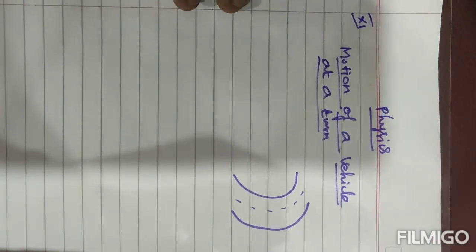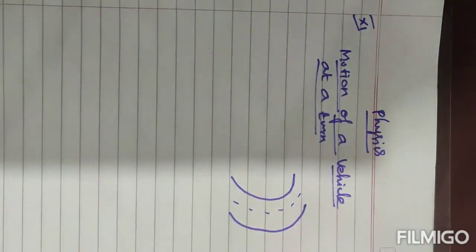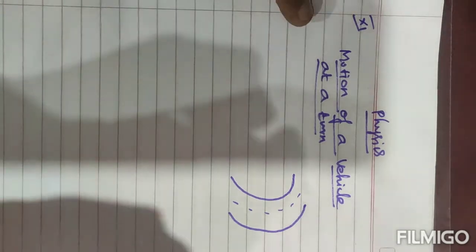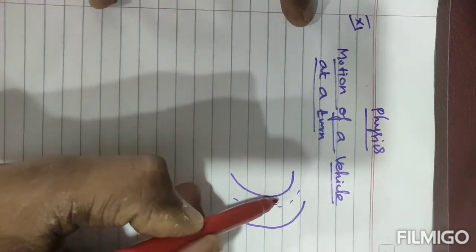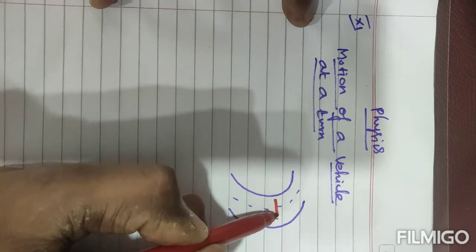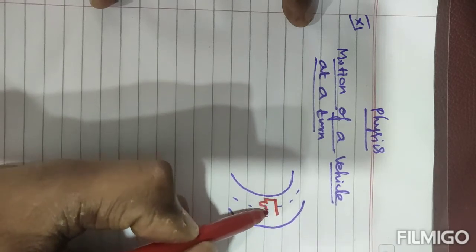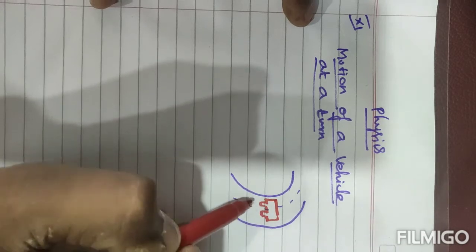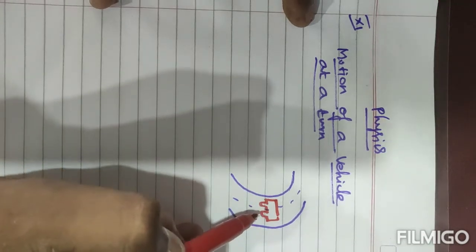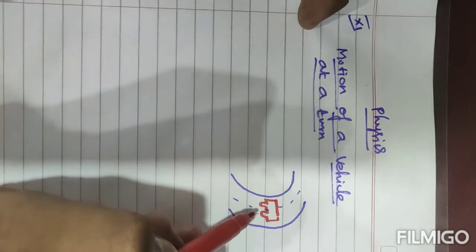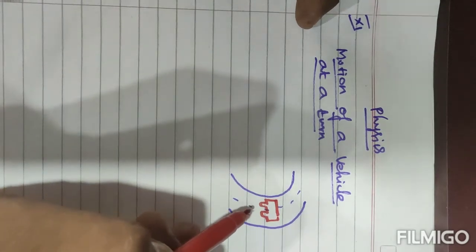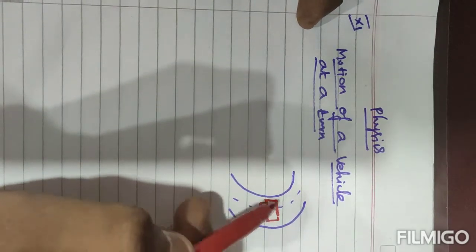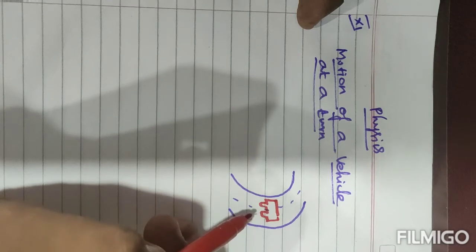On the road, let us imagine one vehicle. This is the vehicle. These two we consider as the front wheels. Both will be the front wheels. Just observe, in front of the vehicle it shows only the front wheels.